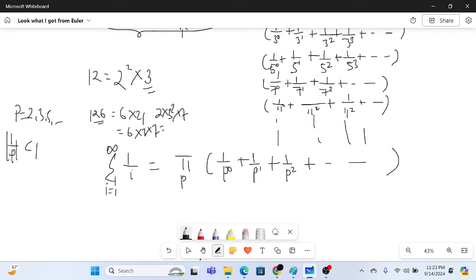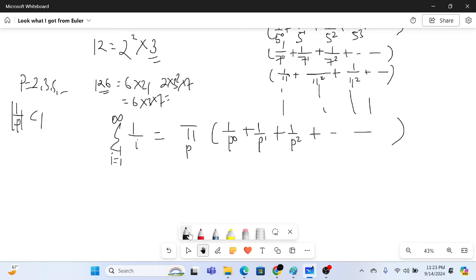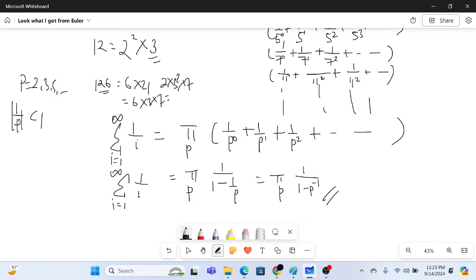So we can use the geometric series to find the sum, which gives us a product over primes, where the first term is just 1 and the ratio is 1 by p, so 1 by 1 minus 1 by p. This is the product over primes of 1 by 1 minus p inverse, right? So this is our sum from i equals 1 to infinity of 1 by i.